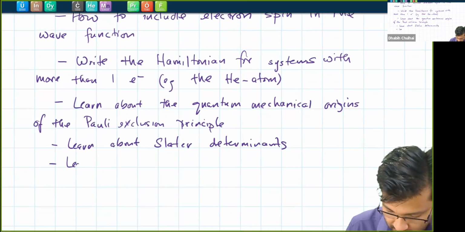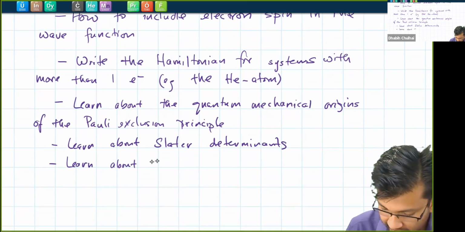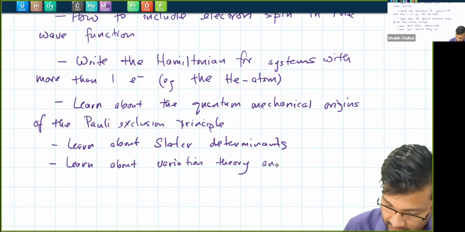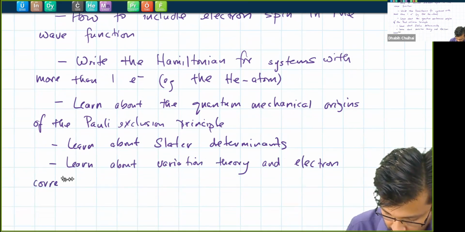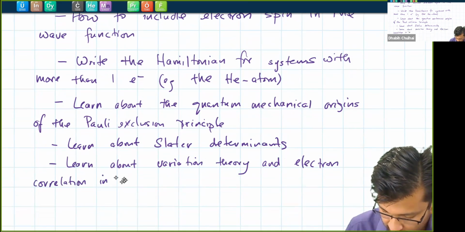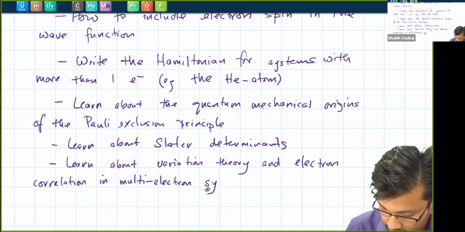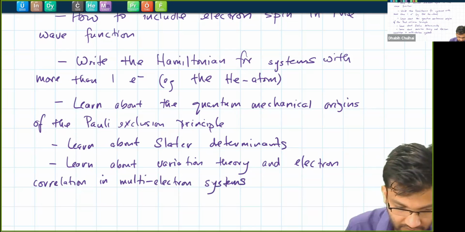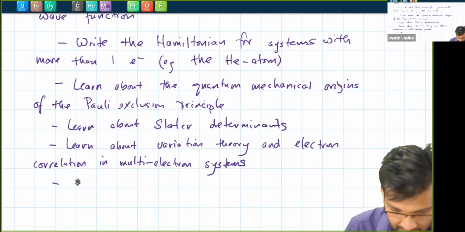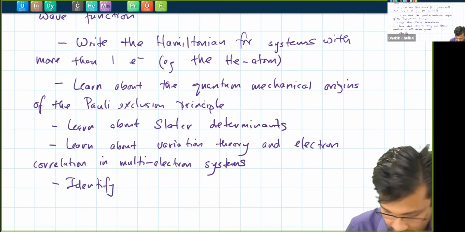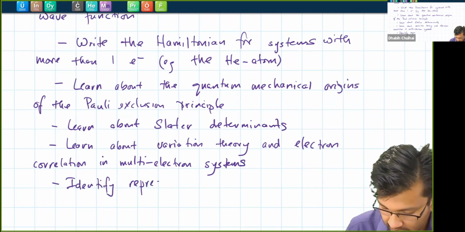We're going to learn about variation theory and something we're going to call electron correlation in multi-electron systems. And finally, we're going to be able to identify representations of molecular orbitals.